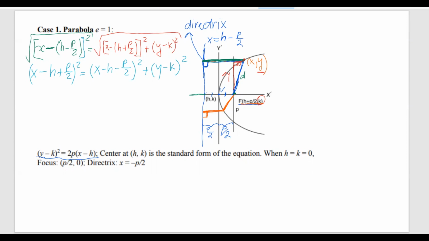So in order to simplify, I will just take this member as A, and this member as B. And this is the formula A plus B squared, which is A squared plus B squared plus 2AB. And the same thing is going to be on the other side.